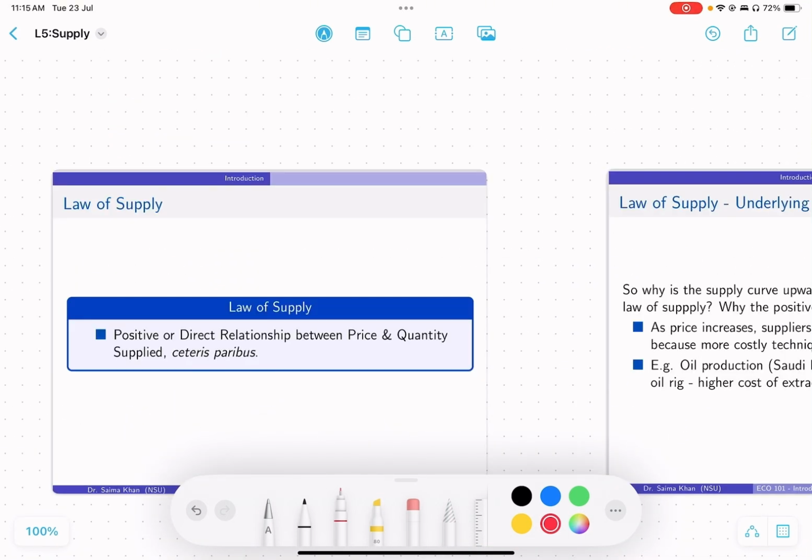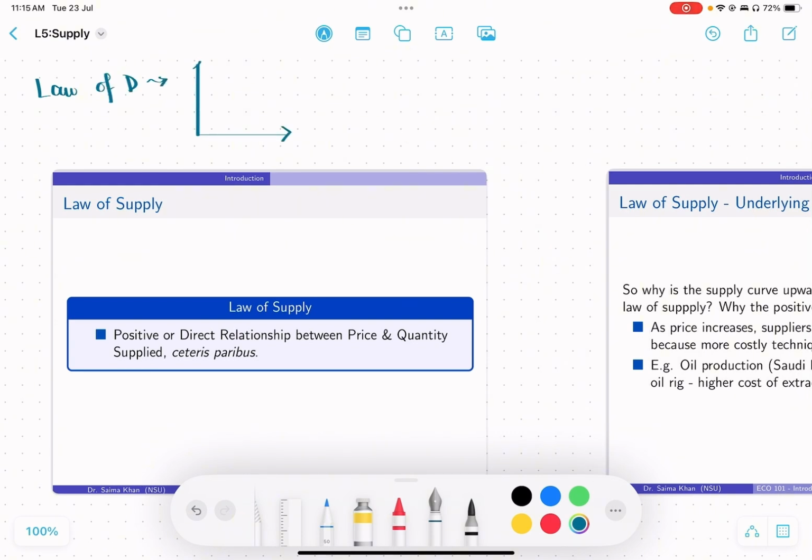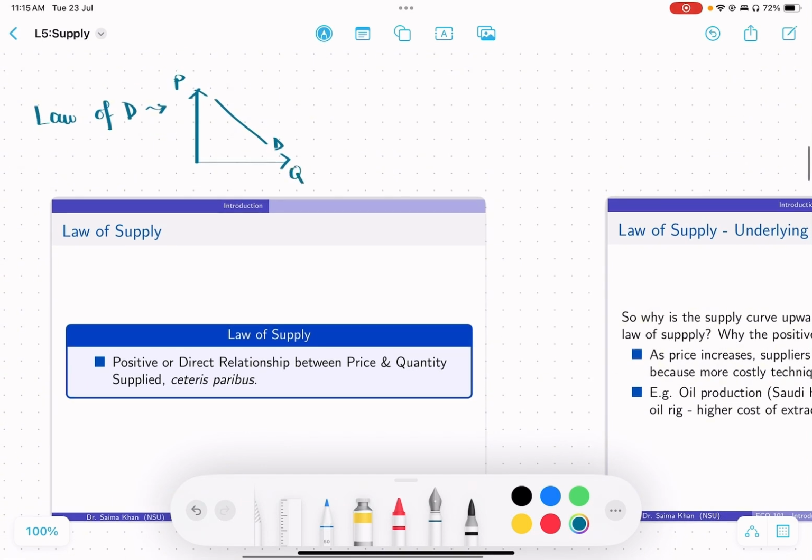Next we come to the law of supply. Let's actually draw some parallels. We had seen that the law of demand told us that the demand curve will always be downward sloping. And by downward sloping, what do we mean? We mean that if the price was to fall, then the quantity demanded would actually rise.